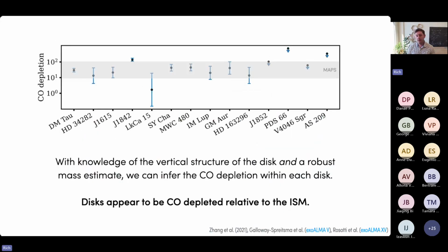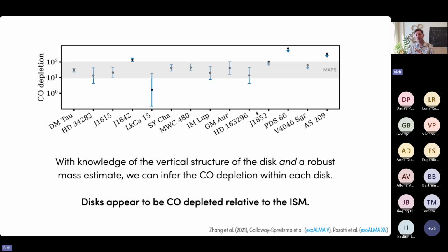Finally, Giovanni Rizzotti was able to look at the vertical structure of the disks, and using the dynamical masses that we derived as an anchor point, he was able to look at how vertically extended different CO isotopologues were in the disk to try and understand the level of CO depletion within those disks. It's very naive, but you can think that if there's more depletion in the disk, you're going to find things squashed together, compared to if there's less depletion, those layers should be more vertically extended.